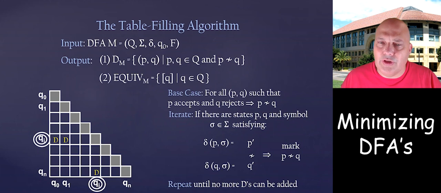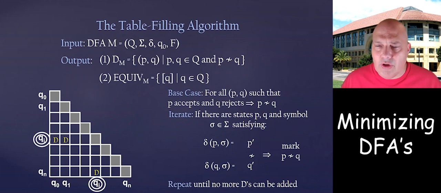So we go in iterations. In each iteration, we go over all the empty squares, and for each square, we go over every alphabet symbol and see if we identified another distinguishable pair. And if we go for an entire round without making any change, we can stop.